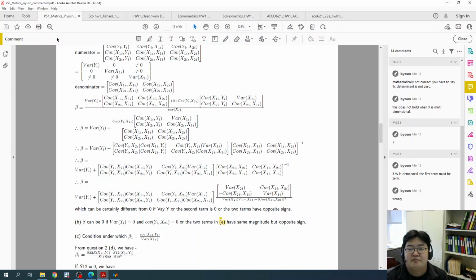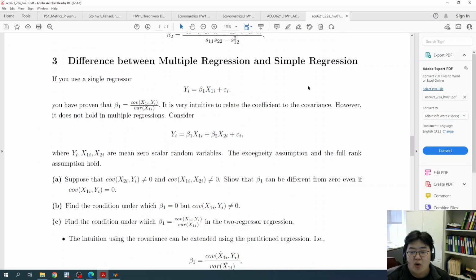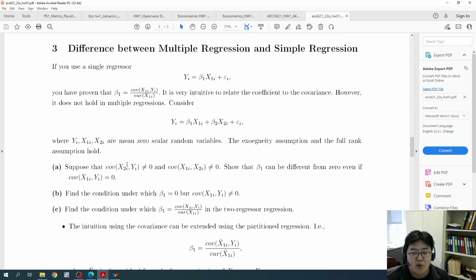Another point here is that usually our intuition is that the coefficient beta 1 captures the relationship between x1 and y. That intuition is right, but mathematically it does not imply that beta 1 equals 0 means covariance is 0.